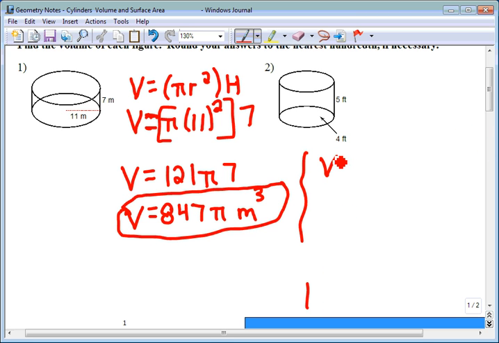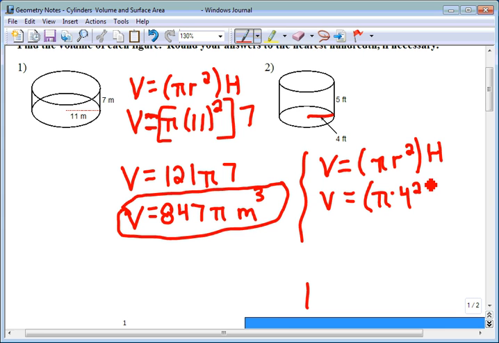So our volume, once again, is the area of the base times the height. So the area of our base is pi r squared, since our base is a circle in this case. Our radius in this problem is 4. And the height of my entire cylinder is 5 feet.